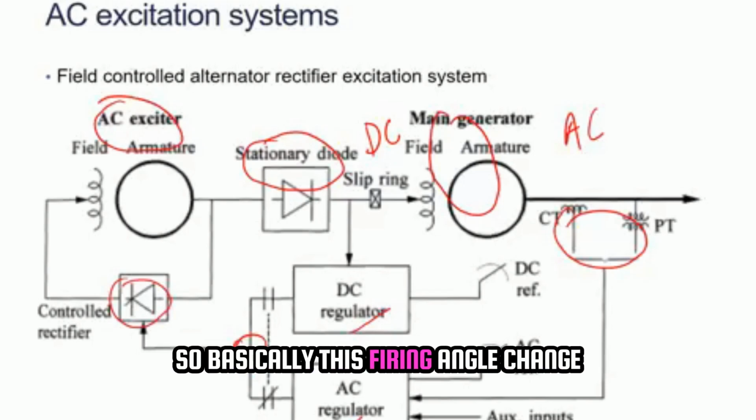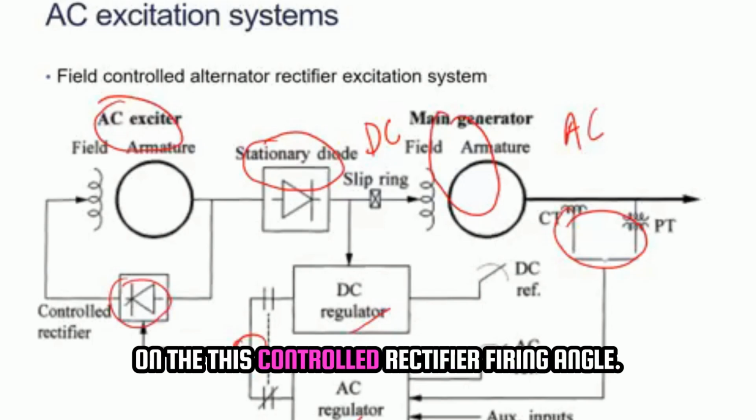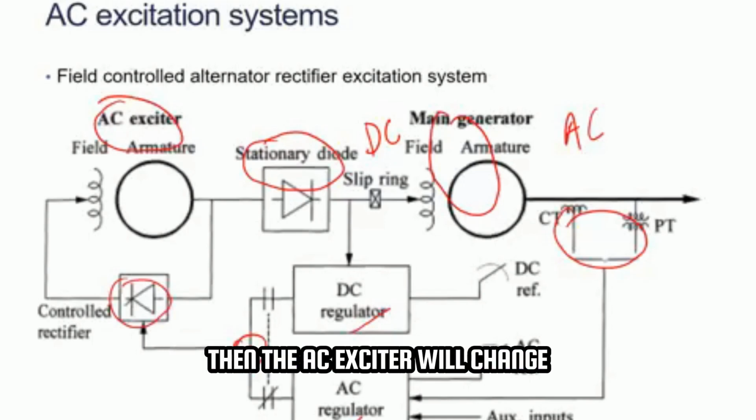So this firing angle change is decided by this DC and AC regulator, and based on that this AC generator reacts to that firing angle, and the field of the AC exciter changes based on this controlled rectifier firing angle. As soon as that value changes, the AC exciter will change the current value, and eventually it will change the DC current of the main generator.